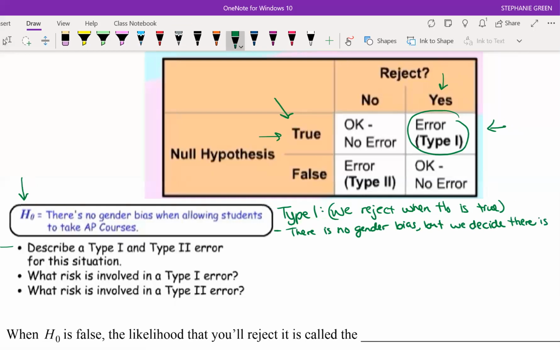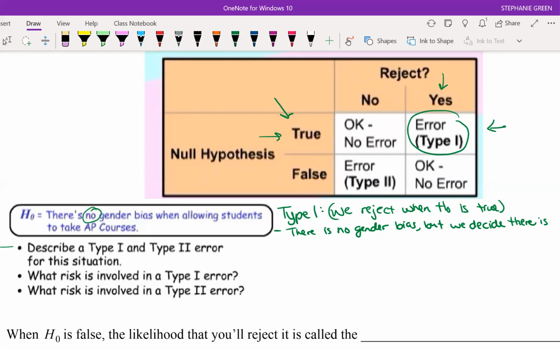Again, the null hypothesis is that there is no gender bias. So with a type 1 error, we would say this is false, there is gender bias, but in reality, there is not.